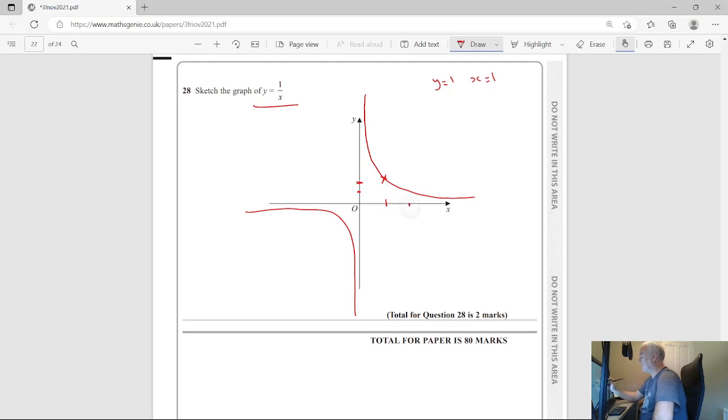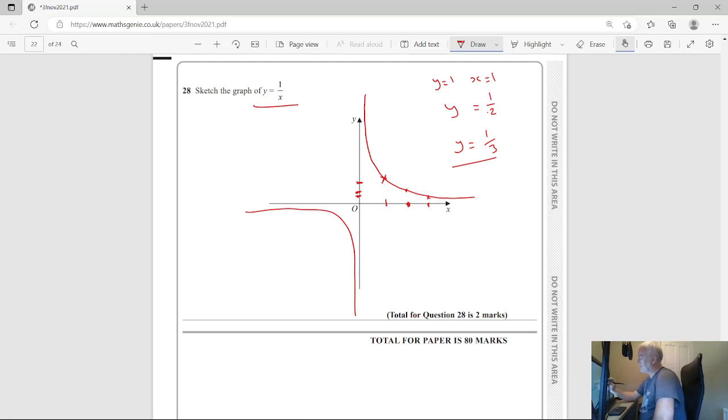What about when x equals 2? When x equals 2, y equals a half. What about when x equals 3? Well, when x equals 3, y equals a third. It's a little bit lower down.